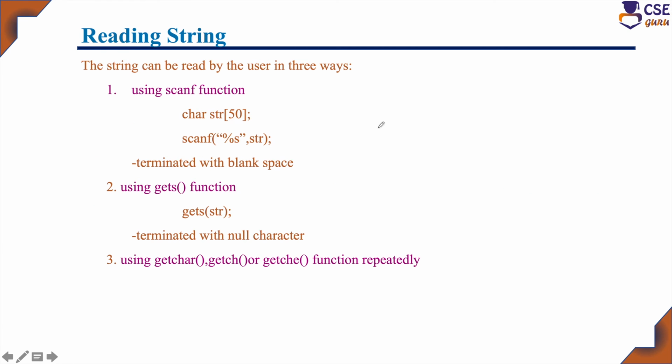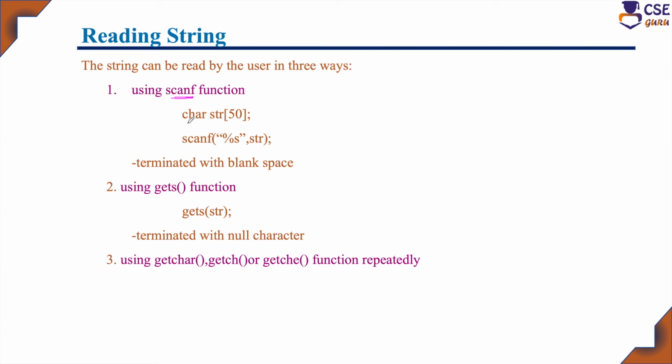How to read and write a string? There are different methods to read and write a string. First method is using the scanf function. This is a standard input function, as with numerical data and characters. For a string also we can input with the scanf statement.